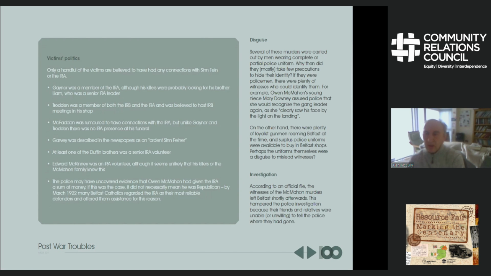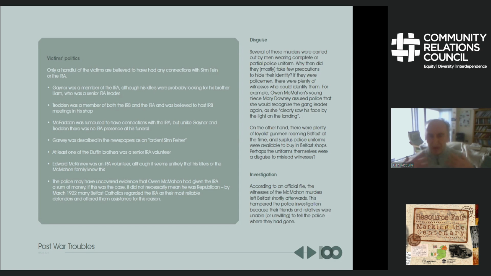Some more information on the victims themselves. You'll see from that list that many of them were involved in the Republican movement, but others were not. And some more eyewitness accounts on the right.